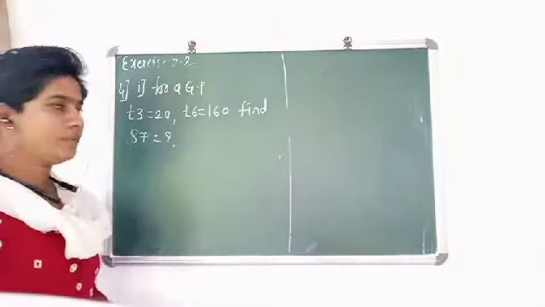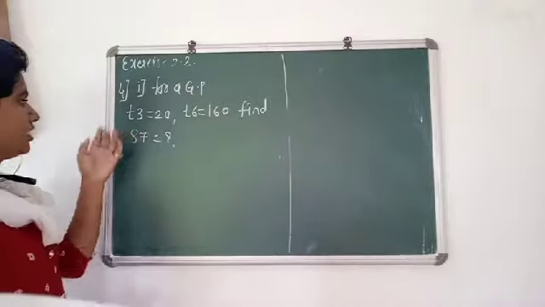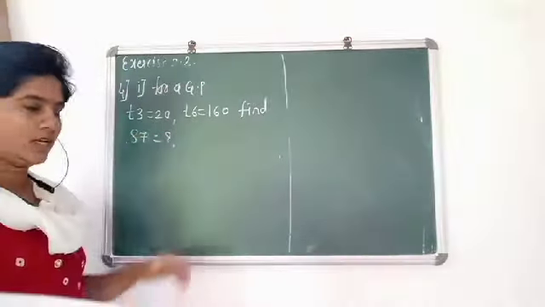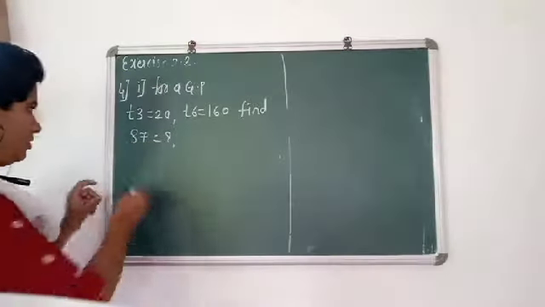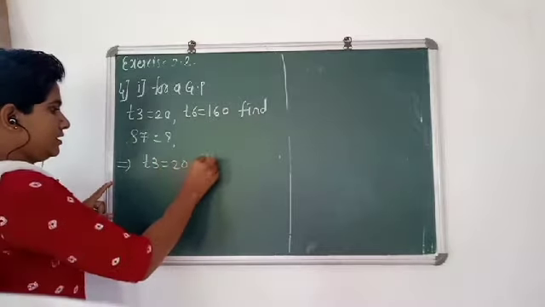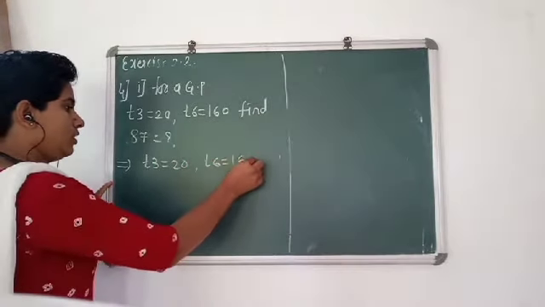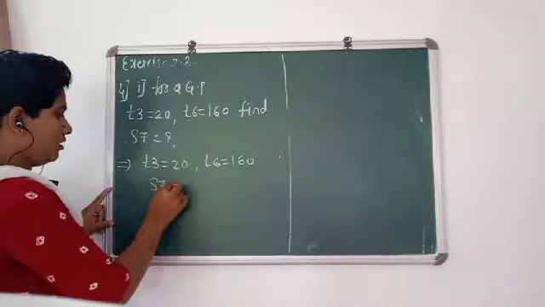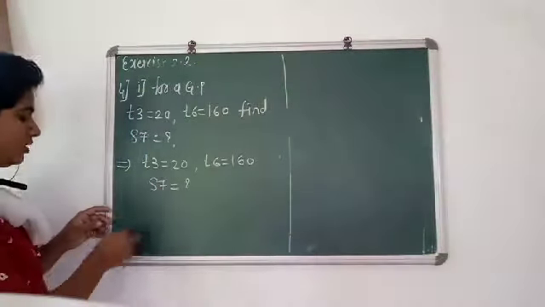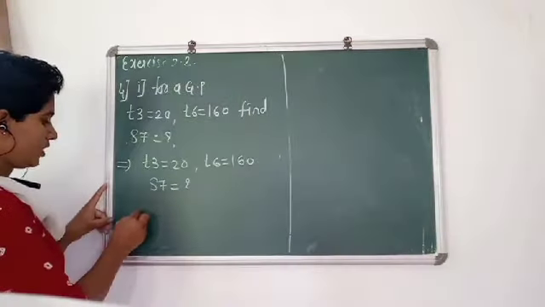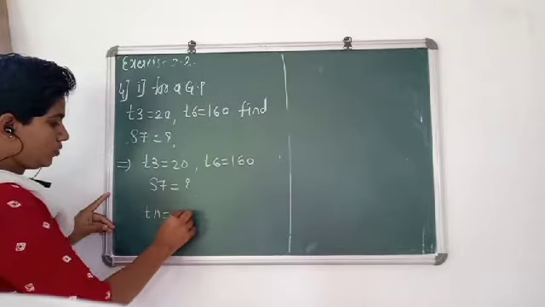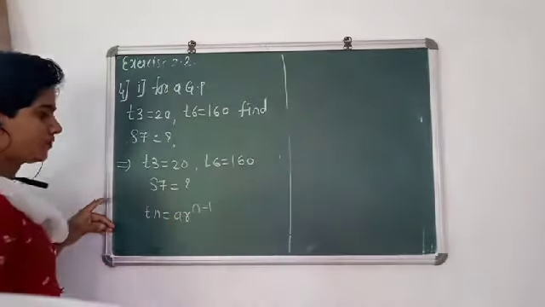Now the fourth example, for a GP, T3 is equal to 20, T6 is equal to 160, to find S7, that is the 7th term of geometric progression. Let a be the first term and r be the common ratio, then the nth term of geometric progression is Tn is equal to a into r raised to n minus 1.